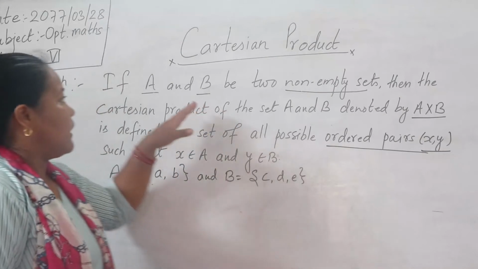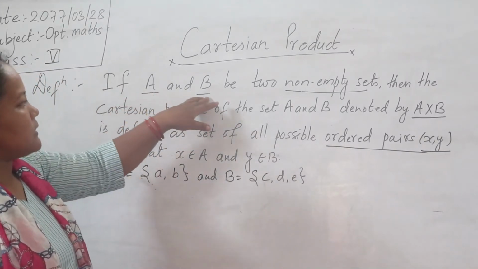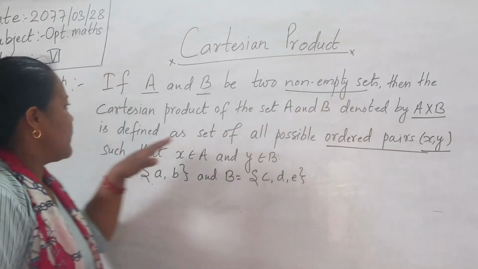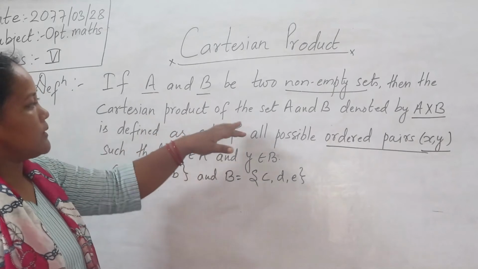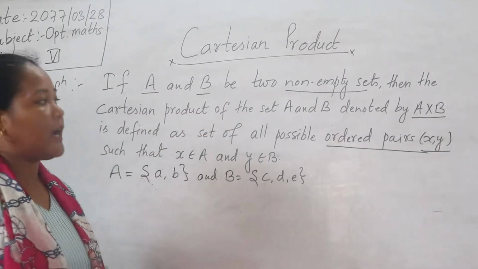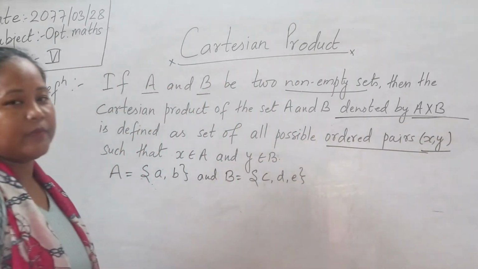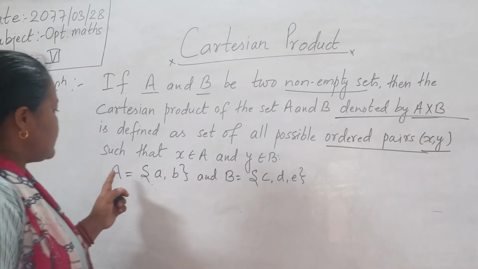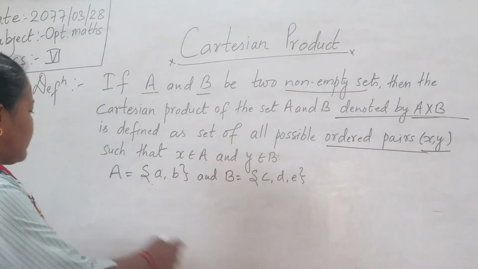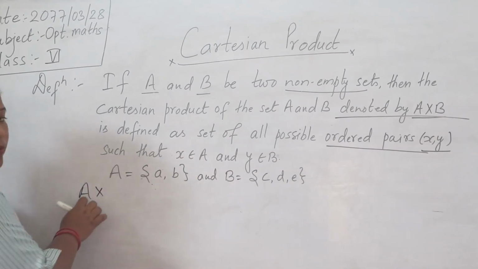Okay? According to our definition, set A and set B are non-empty. Then the Cartesian product of sets A and B is denoted by A cross B. Our definition says that the Cartesian product of A and B is denoted by A cross B. This is the multiplication sign, product sign.